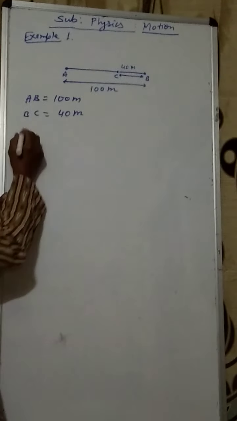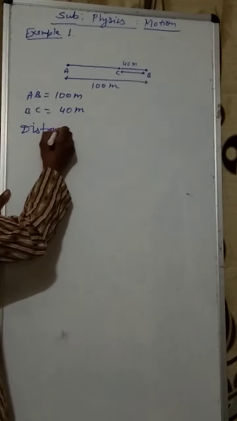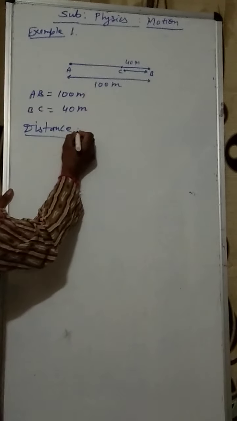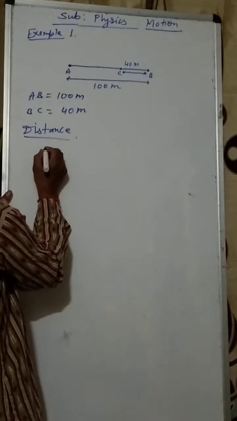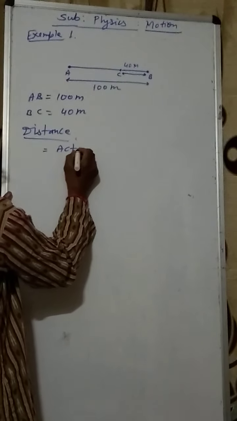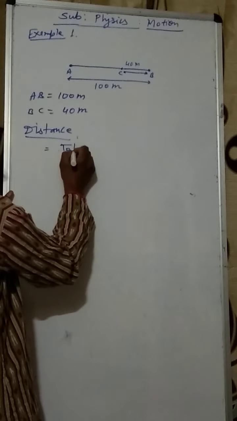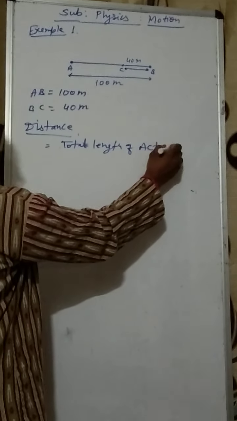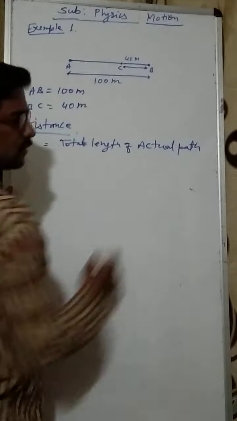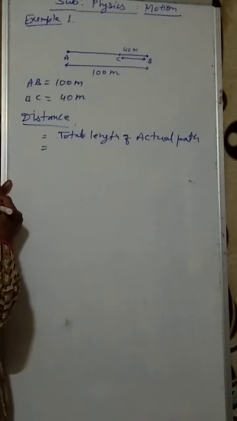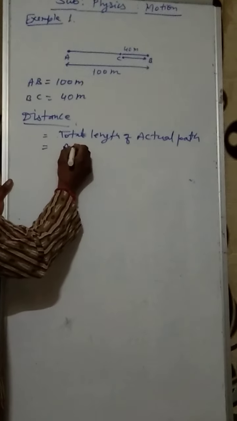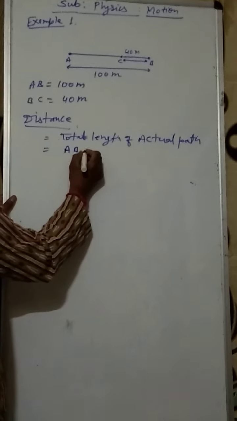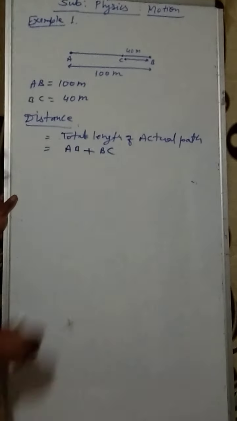So here we have to find first of all the distance. In this journey from A to B and B to C, what will be the distance? We know distance is the total length of the actual path. What is the actual path? A to B and B to C. So the actual path will be AB plus BC.